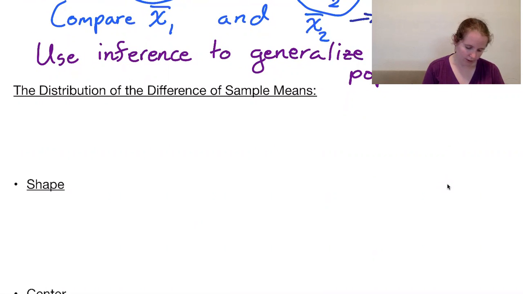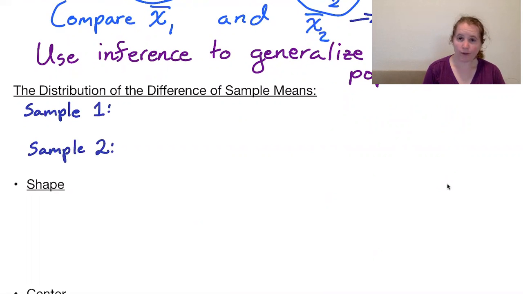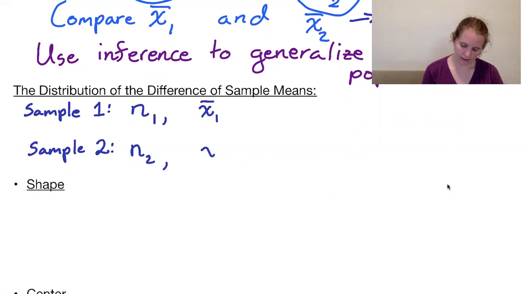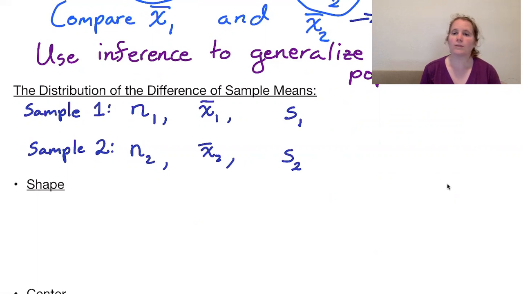So we'll have sample 1 and sample 2. From those, we will have a sample size N1 and a sample size N2. We will have a sample mean x1 bar and x2 bar. And then we will have sample standard deviations S1 and S2. So we will have all of these things to consider.